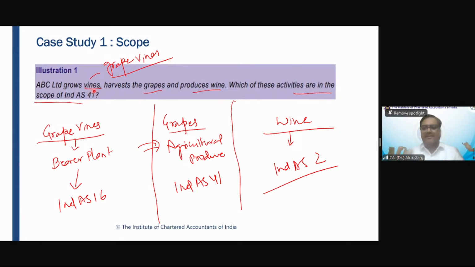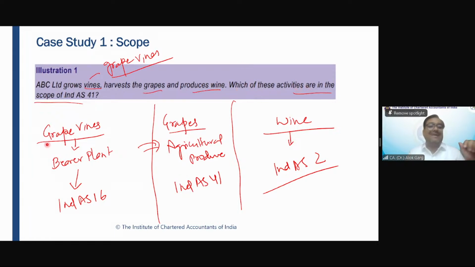Then it harvests the grapes and produces wine. This wine is different from vine. Vine means a creeper. So grape plant, then it harvests the grapes and produces wine. Which of these activities are in the scope of Ind AS 41?